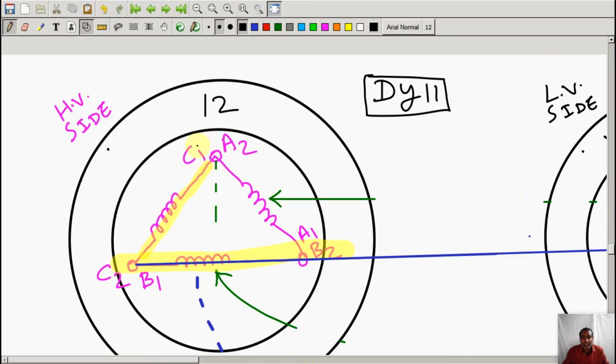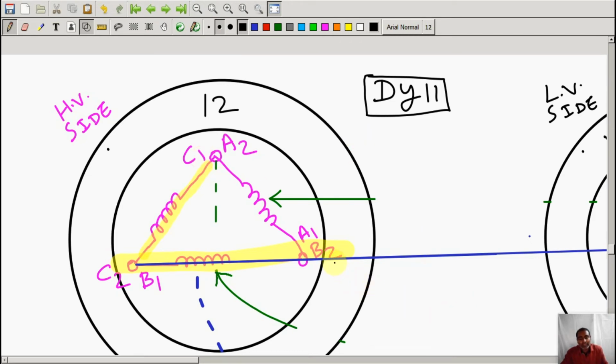If the suffix is 1, let's say it is the start, and if the suffix is 2, then it is the end. So C1, suffix 1, means start, and A2, suffix 2, means end. So start is connected with end. Start of phase C is connected with terminal A2, that means the end of phase A.